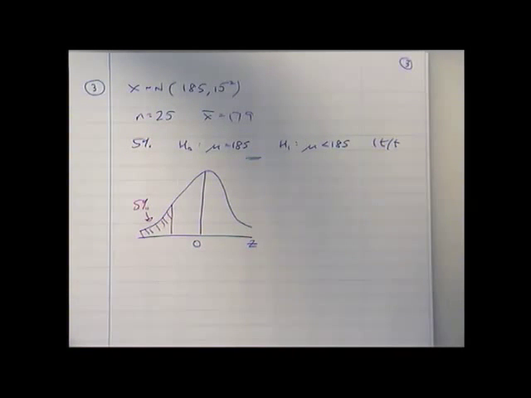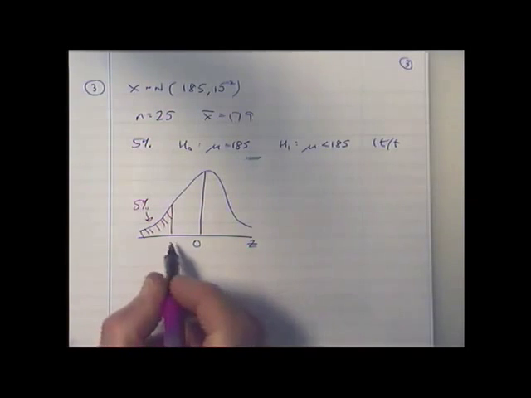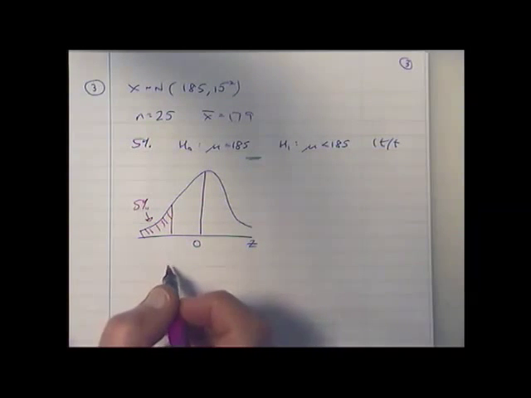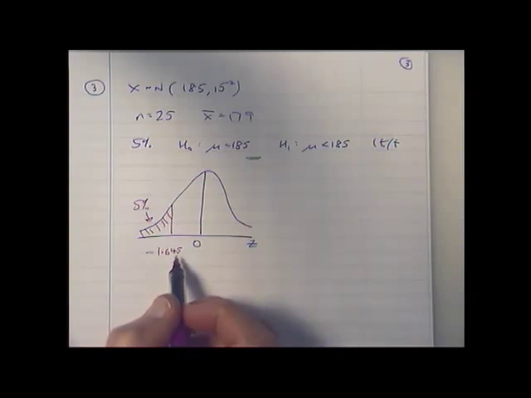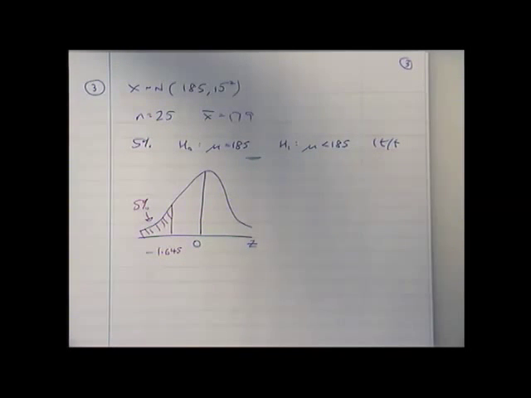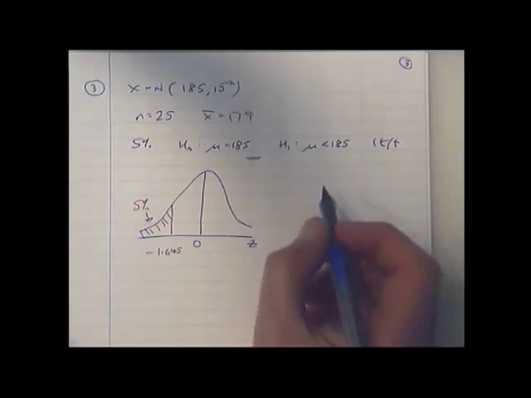Using the bottom bit of the tables, what's our critical value? It's a 5%. Minus 1.645. Yeah, that's right. You're looking at the 95%, the 0.95 decimal on the tables. That will give you 1.645. Because we're on the left of 0, it'll be a negative. So that's our critical value.